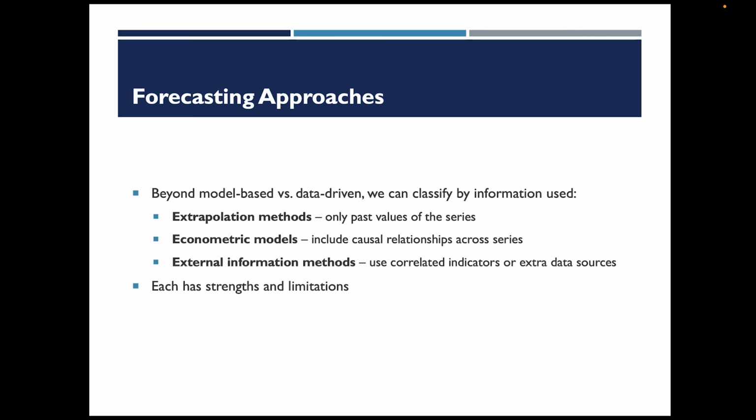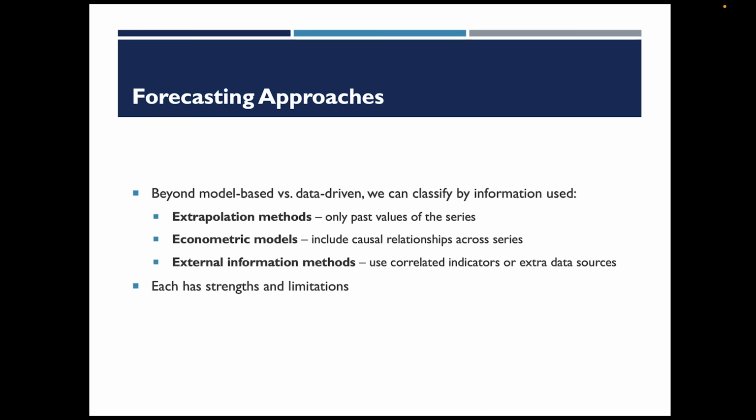Examples are ARIMA, naive, exponential smoothing, etc. The second type is the econometric models. They bring in the economics and focus on causal relationships, cause and effect. It's like income explains spending, right?